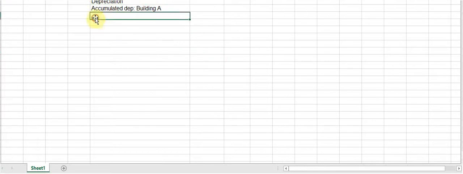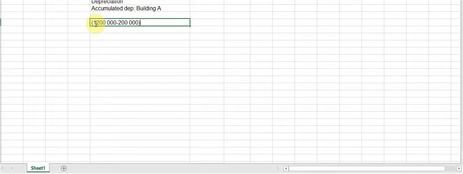And in this instance, we will have to do the calculation for this asset. If I look at the cost price, it is 1.2 million. I need to minus the residual value of 200,000.